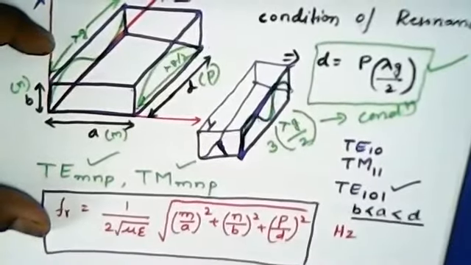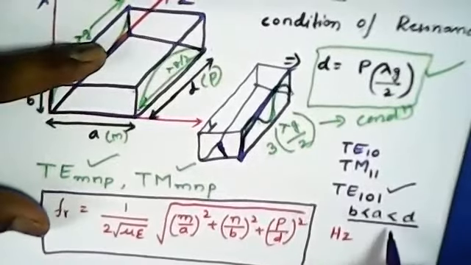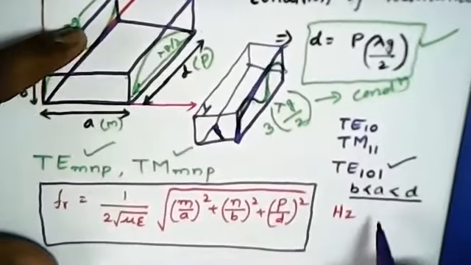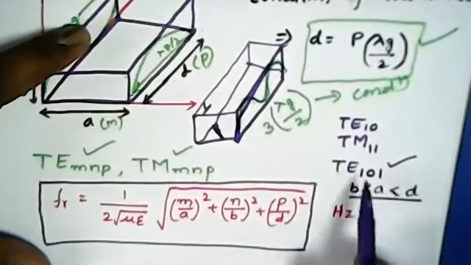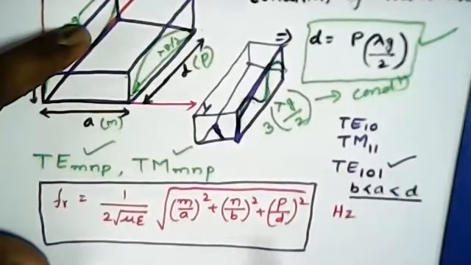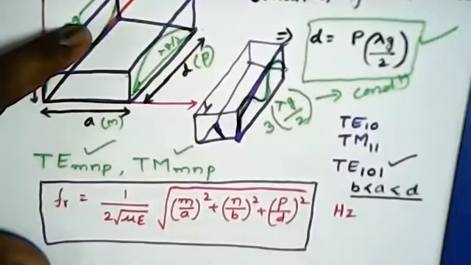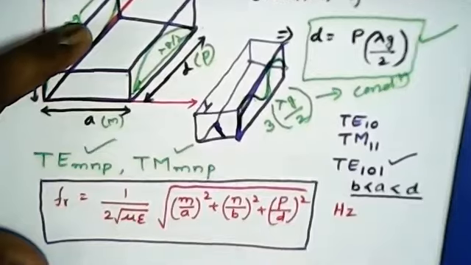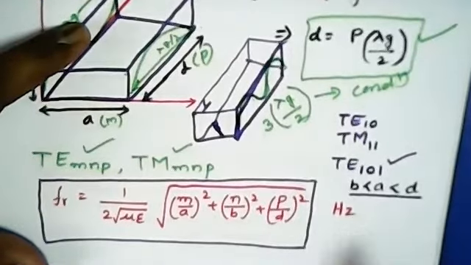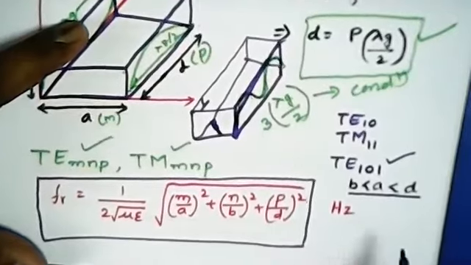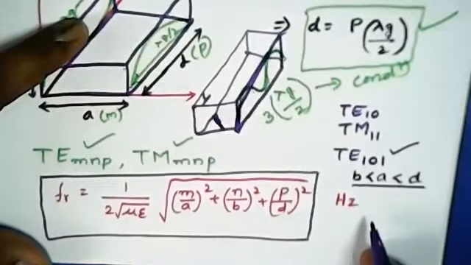That's what I mean to say, that B less than A less than D. So this is the condition of the resonator. And apart from this, we have a small topic, the quality factor. I will discuss that quality factor and wind up the class.